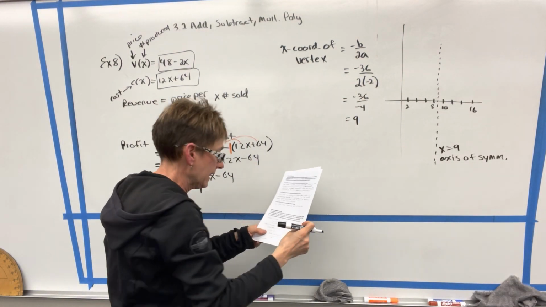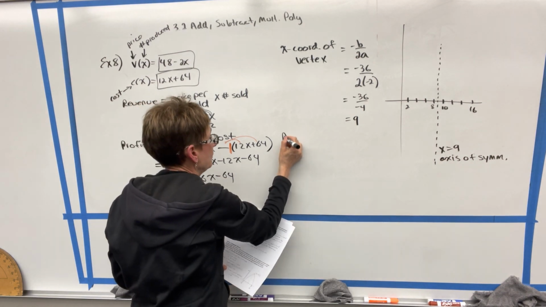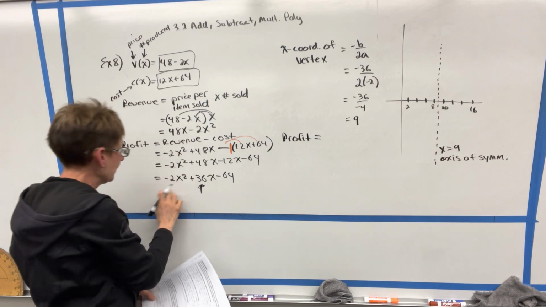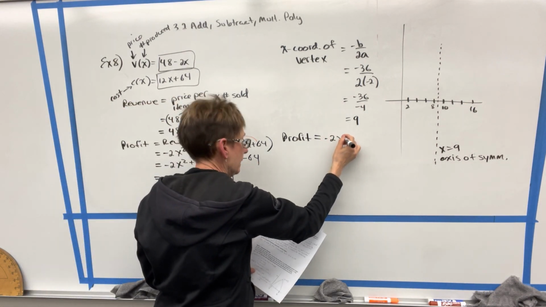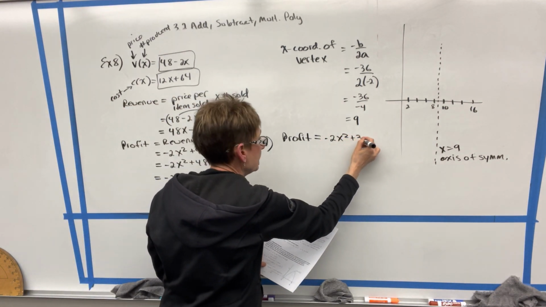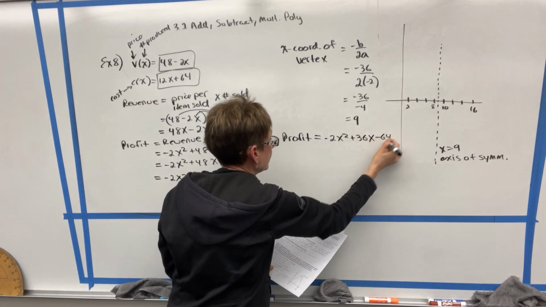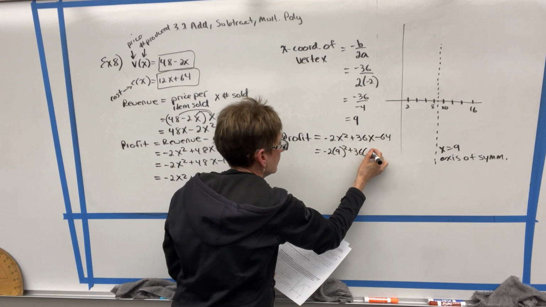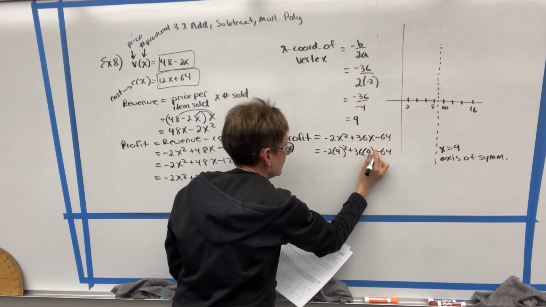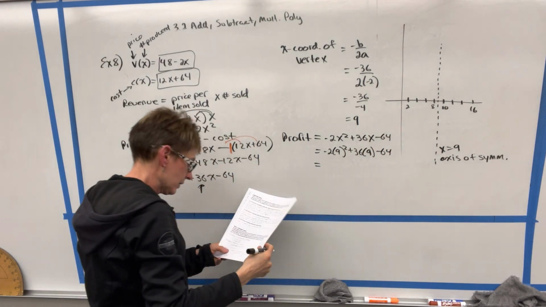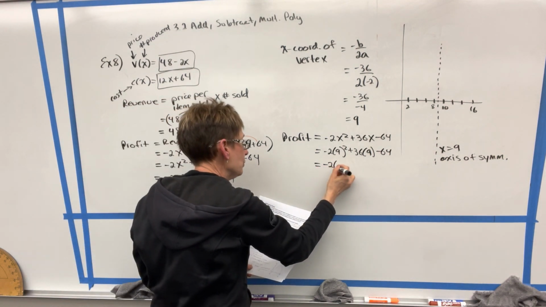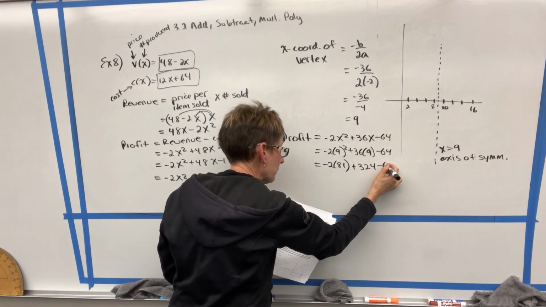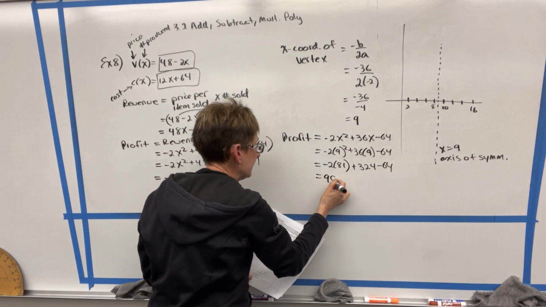If I want to find what the y value is, I can find the profit at 9 by using this function right here, the negative 2x squared plus 36x minus 64, but putting 9 in for x. So we're going to end up with negative 2 times 81 plus 324 minus 64, or 98.